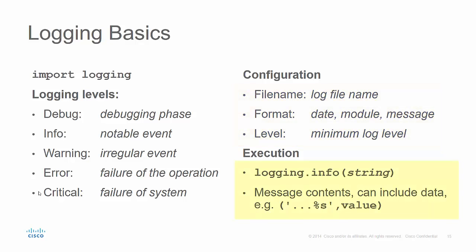In order to execute a log message, then you will call the logging module, and the method that you call will be either info or warning or critical, depending on the severity of the message that you are logging. The actual message itself can be complicated in that you can have strings which will be substituted so that your log messages will be rich and contain useful information.